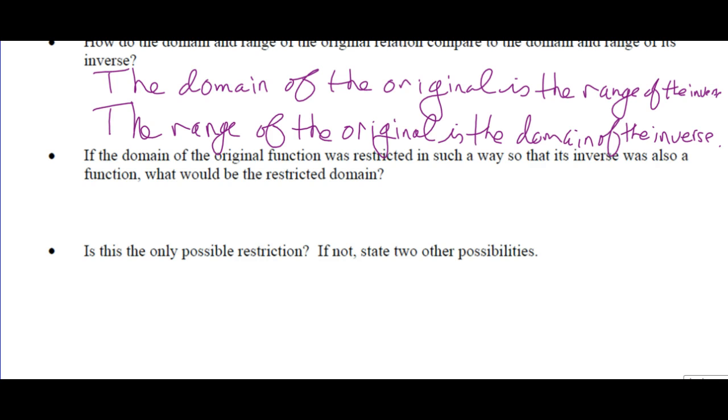If the domain of the original function was restricted in such a way so that its inverse was also a function, what would be the restricted domain? So if we're going to take this original and restrict it, how could we restrict it to make the inverse a function?